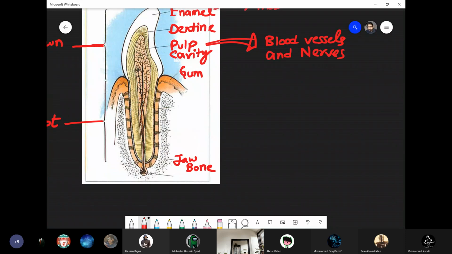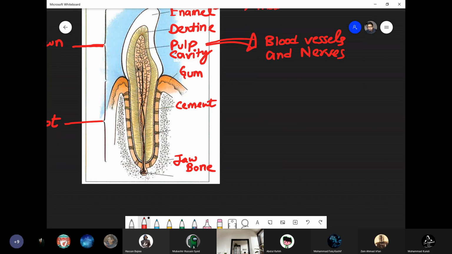It must be attached firmly into the jaw. For that purpose, over here, this is cement. Now, this is not the cement which is used in constructing houses, but a special kind of chemical which holds the tooth in the jawbone, which attaches the tooth in the jawbone.